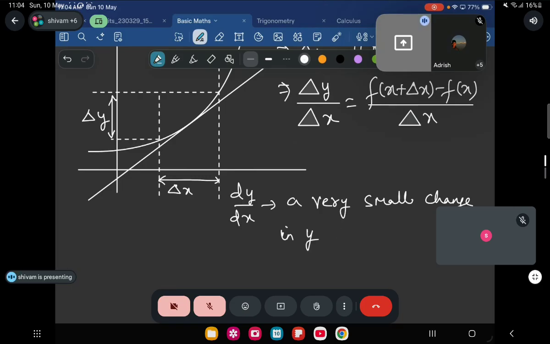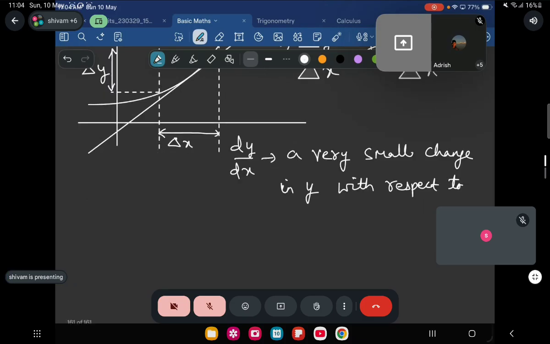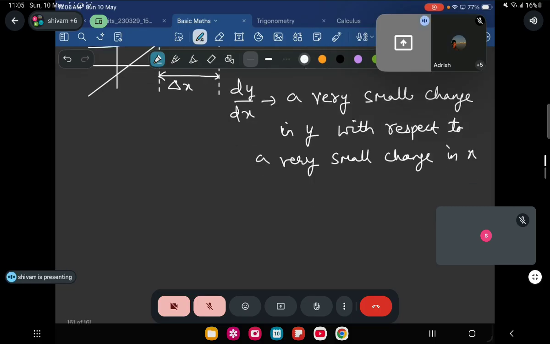Change in y with respect to a very small change in x.